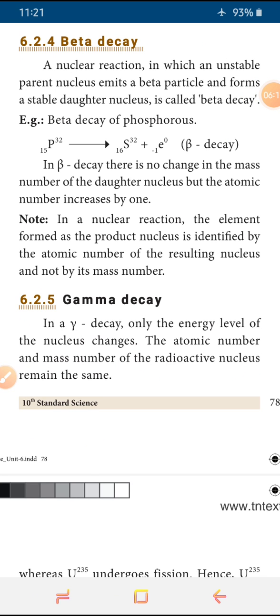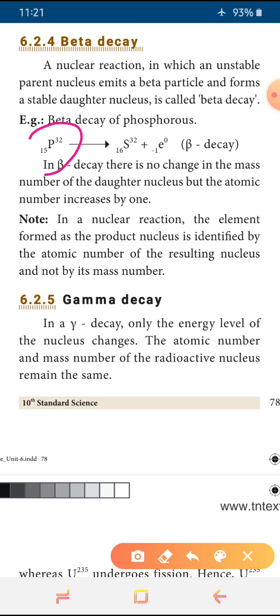Now we will discuss beta decay. Here also we need an unstable parent nucleus. After emitting a beta particle, it forms a daughter nucleus. This decay is called beta decay. Now see the formula.